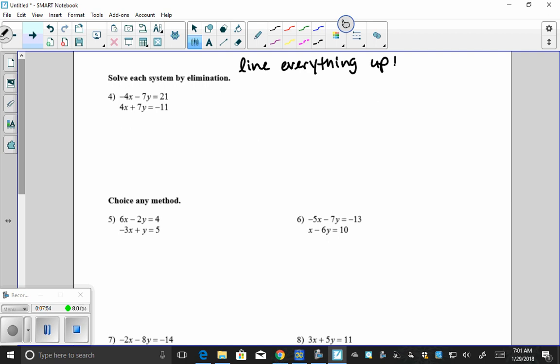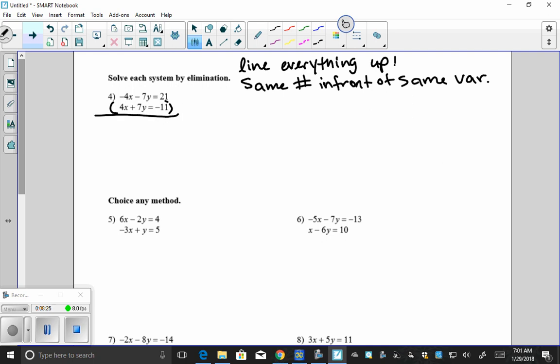My second step is to make sure I have the same numbers in front of the same variable. So if I'm looking at my x's, then both x's in my equations have to be the same. So if I'm looking at number 4, they are.